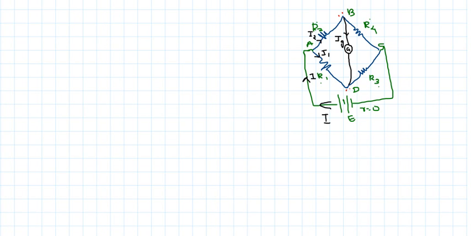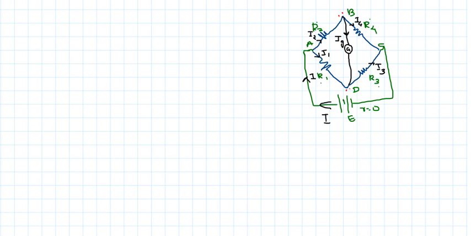Now, the current I2 comes at this junction and Ig leaves this junction, right? At the same time, through R4 we have a current of magnitude I4, and across R3 we have a current of I3. Okay, this is the scenario.